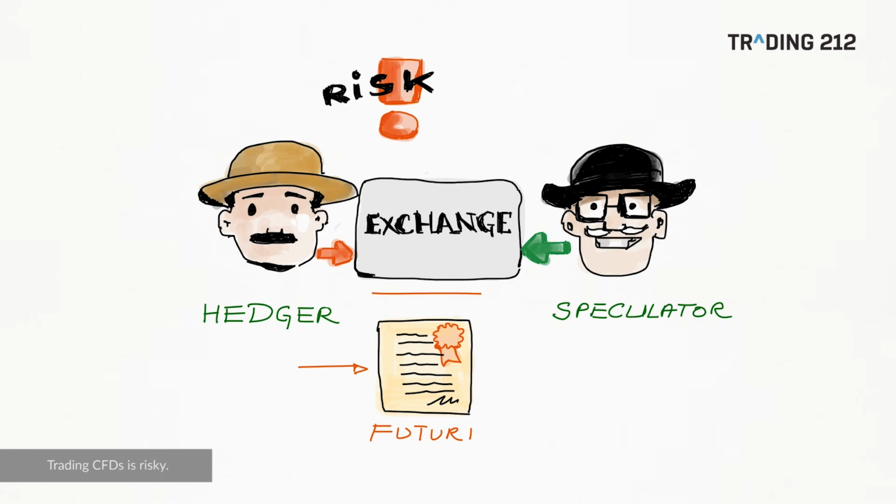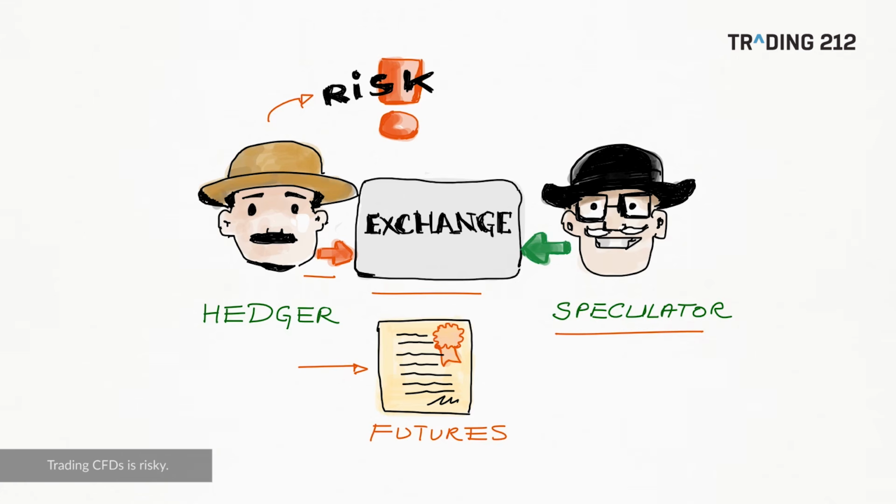It's still agreeing a price now for delivery of a product at some point in the future, but it's all standardized by the exchange. The farmer still offsets his risk. He does it now by selling these standardized contracts of corn on the exchange. The liquidity on the exchange comes via the speculators who come to the exchange.